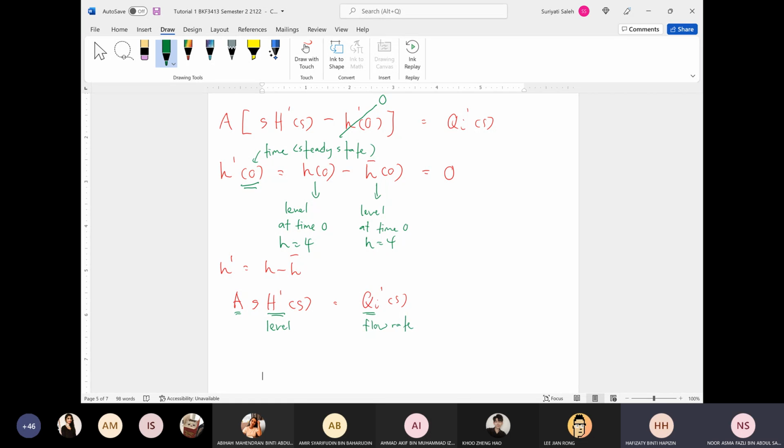Normally in this case, the level is also known as your control variable, hence it is also identified as your output. And since you have the QI, the I represents the inlet, so it is your inlet flow rate.